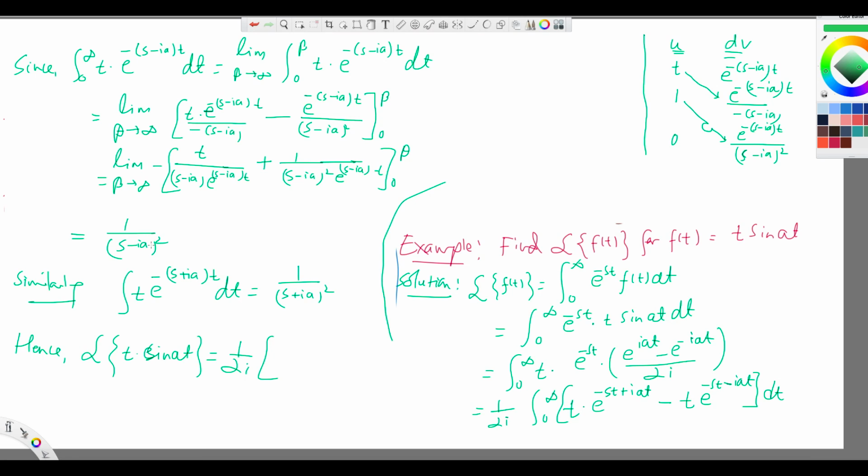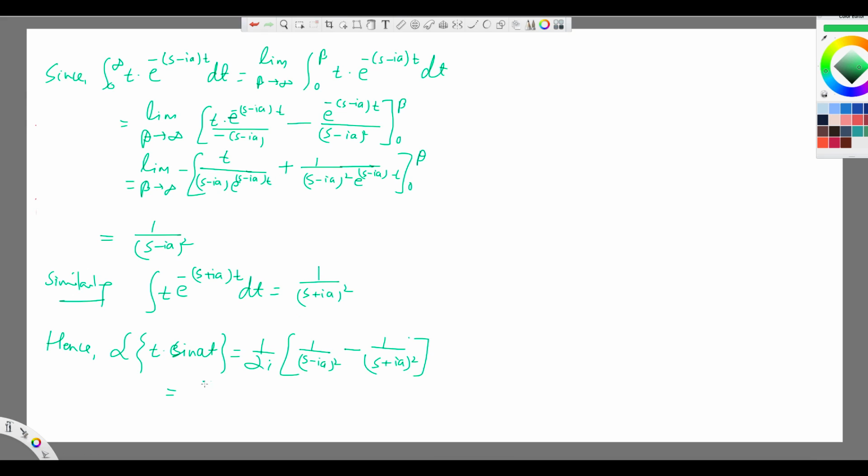So the value of the first integral is 1 over (s minus ia) squared, and then there is minus 1 over (s plus ia) squared. So how do you simplify this? It is like (s minus ia) squared times (s plus ia) squared.